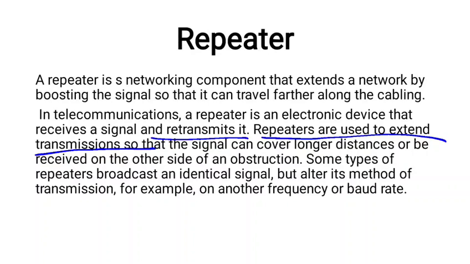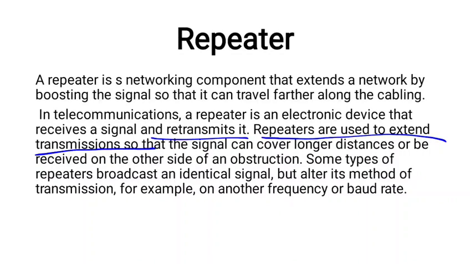That's why we use repeaters at one end where they are transferring the information, and if some signals are lost, the repeater helps to observe the signal, how much signal has been lost. Then it will boost that signal and retransmit it to the other device.